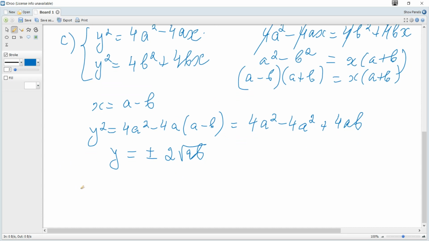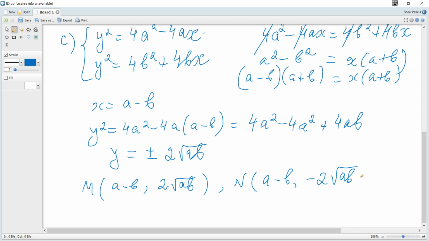Hence solutions are points M, a minus b, plus 2 root of ab, and N is a minus b, negative 2 root of ab as required.